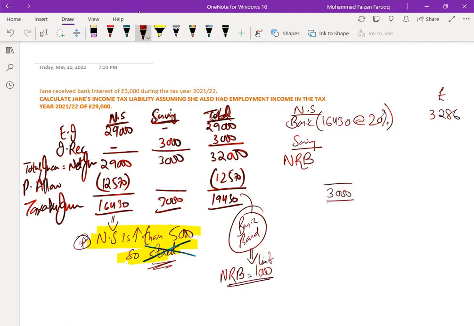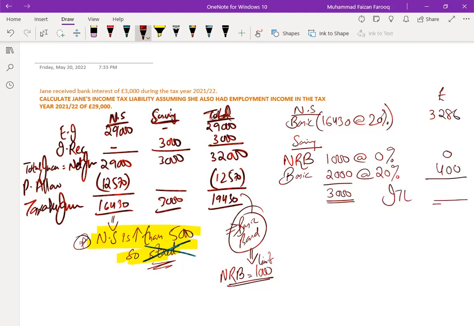His taxable interest income is 3,000 in total. 1,000 will fall in the nil rate band, right? How much left? 2,000. This guy is which band taxpayer? Basic. So the remaining 2,000 will fall under the basic band, which has a tax rate of 20%. So it will be 200, and income tax liability will be 3,686. Any questions?